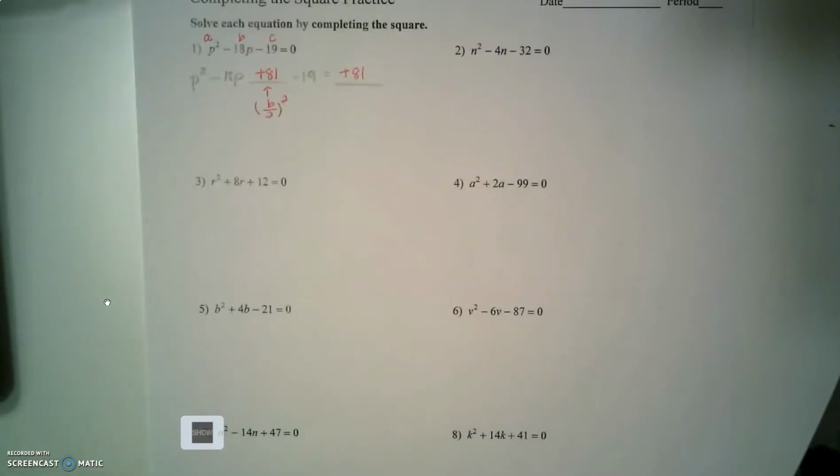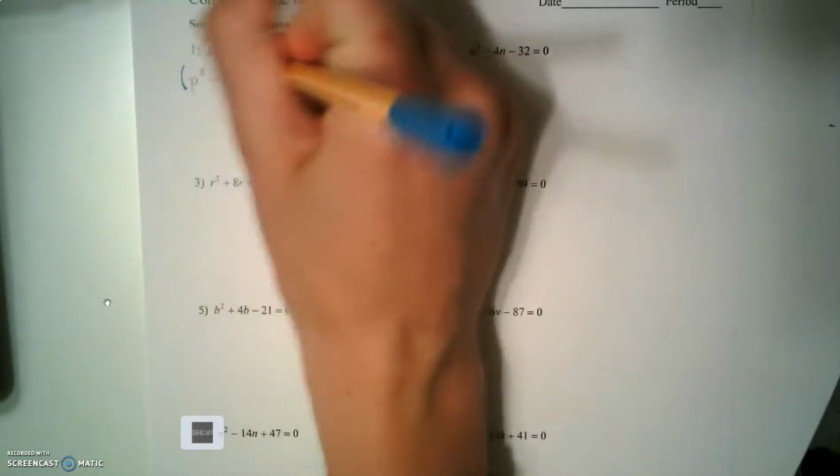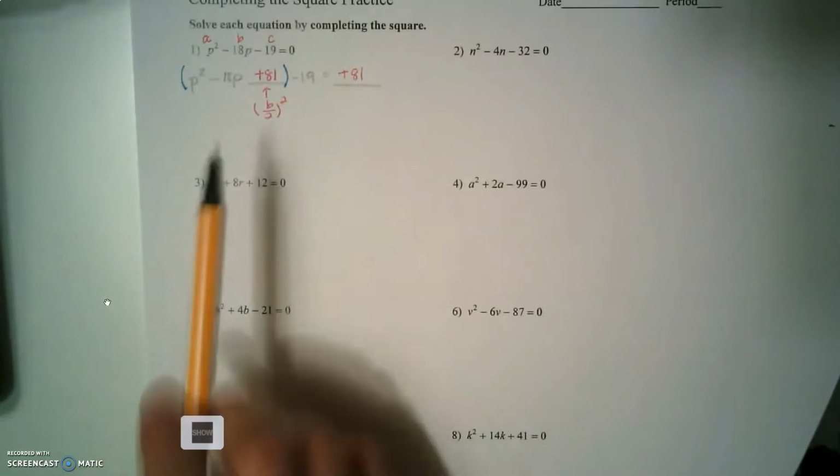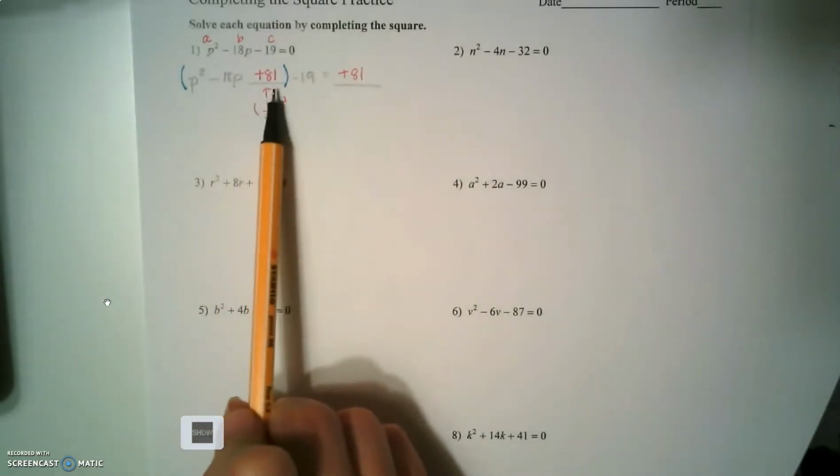Now, part of the completing the square process is we're looking to change the form of our quadratic equation. Looking at this section here, this new quadratic that I wrote is called a perfect square trinomial.